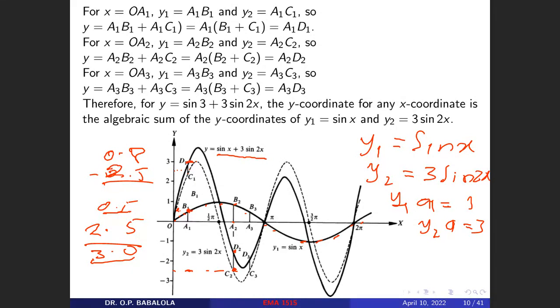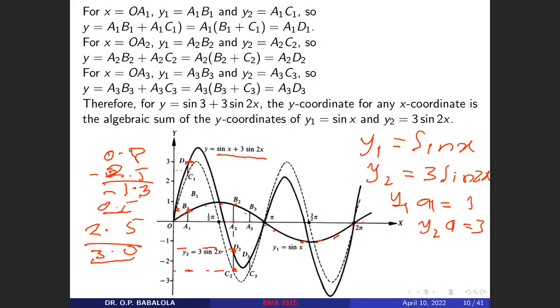So you add this together, what value is this going to give us? 0.8 minus 2.5 is minus 1.3. Do you see? That is the value for D, their sum. And you continue with that until you get to the end, which is 2 pi.